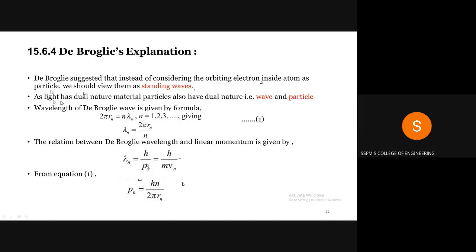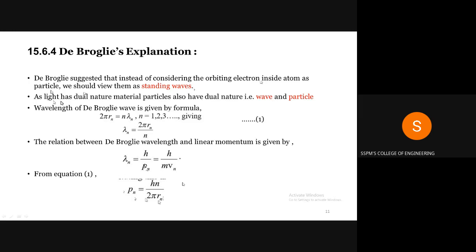What is p? p is the momentum of an electron. From equation 1, the momentum of an electron in motion must be equal to nh upon 2 pi r. And the same was put forward by Bohr earlier.